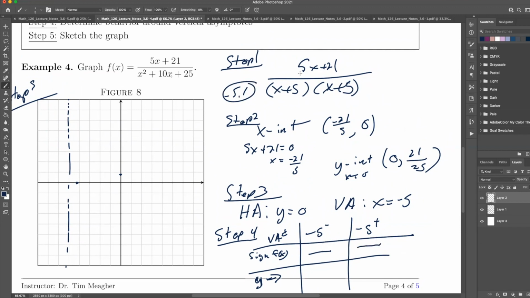What's the sign on the top? If this is -5.1, my top is going to be negative, because this becomes -25. I don't even have to worry about the 1.1. Here, if x is -5.1, this becomes -0.1, so this just becomes positive.